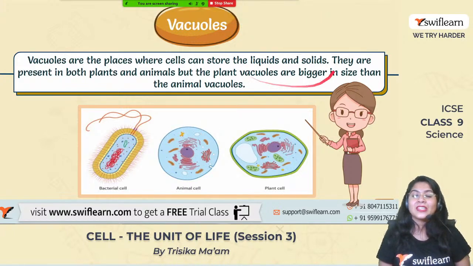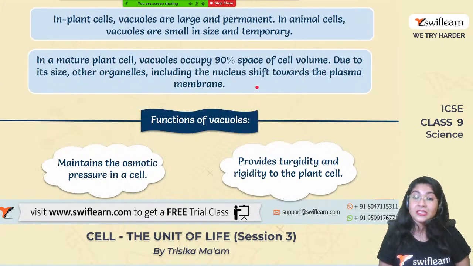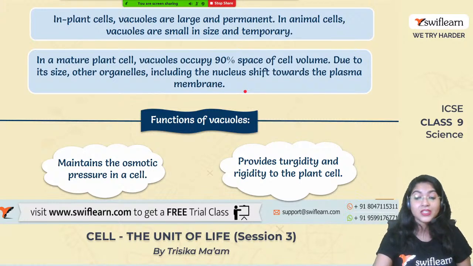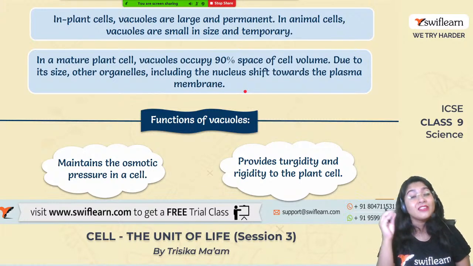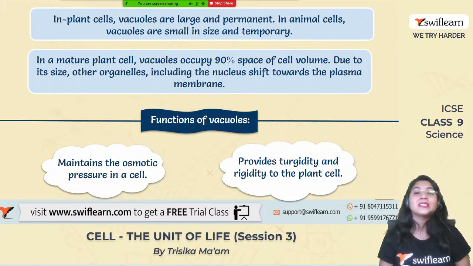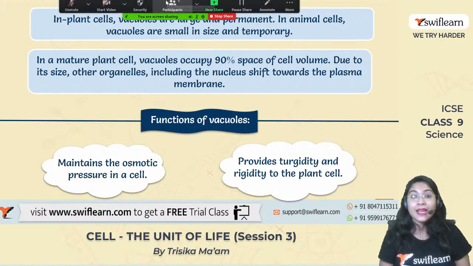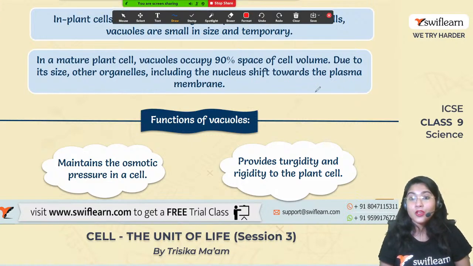Okay, so these are the vacuoles which are present in both plant and animal cells. Now, in plant cells, they are large and permanent vacuoles, but in the animal cell, they are very small and only temporarily present. In a mature plant cell, the vacuole may occupy 90% of the whole cell volume. Can you imagine? Let me draw one cell for you.